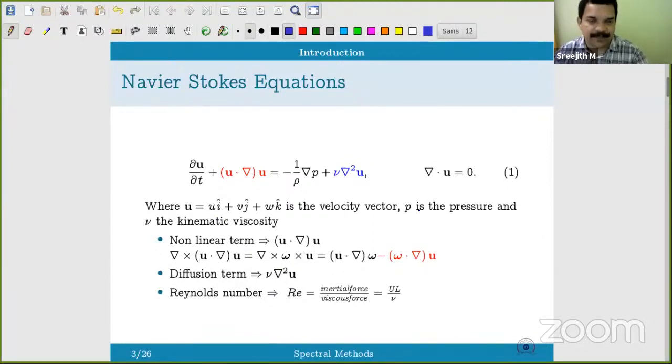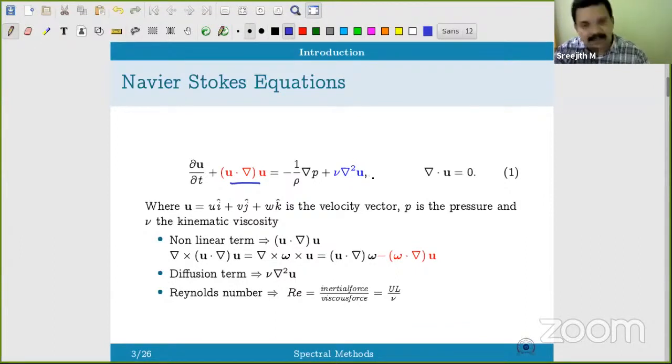Navier-Stokes equation consists of four different terms. The first one is the temporal term, ∂u/∂t, and the second is the convective term, (u·∇)u, then the pressure term, minus (1/ρ)∇p, and the last is the diffusion term, ν∇²u, where ν is the kinematic viscosity.